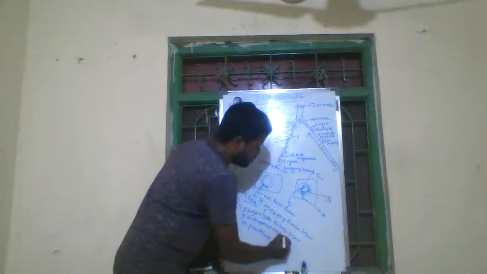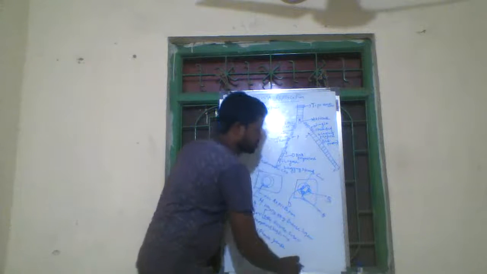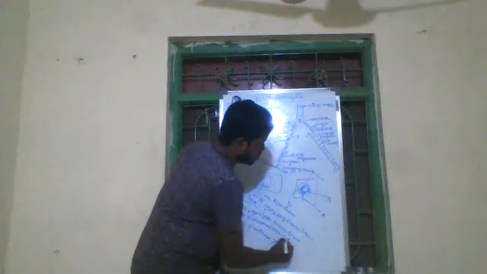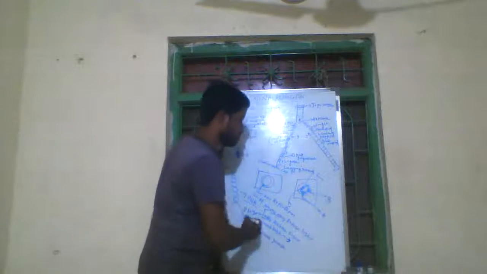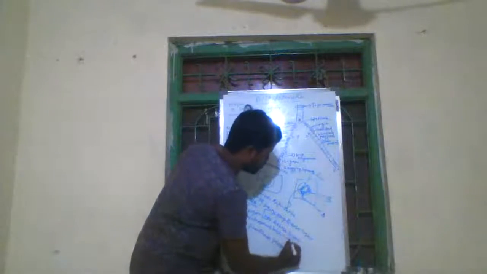Now the nitrogenous bases. What are the nitrogenous bases? These are actually four types. In the case of RNA, thymine is replaced by uracil.